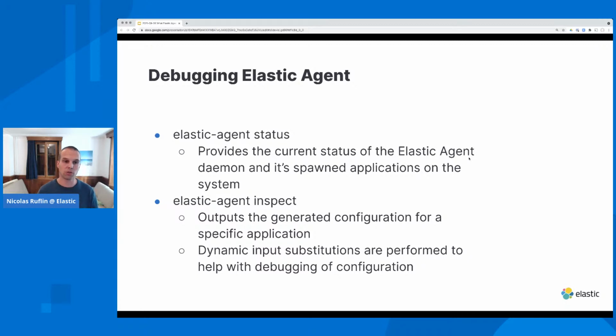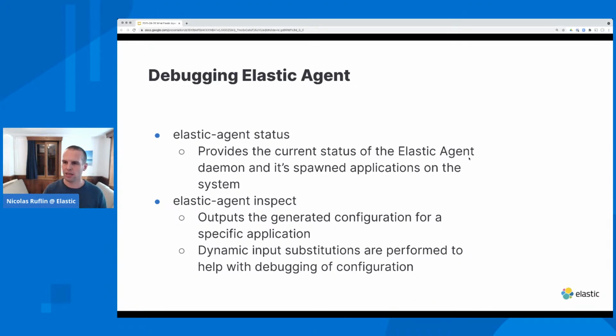So the two most important commands are elastic-agent status. It's actually going to tell you the status of all the daemons and subprocesses that the Elastic Agent started. The second command is really useful to figure out what your Elastic Agent that is connected to Fleet is actually running. So you made a change in Fleet and you ask yourself, what is running exactly?